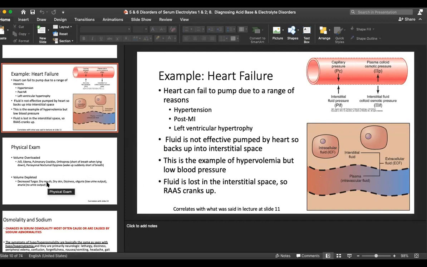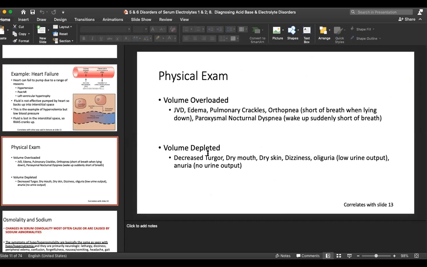So since the fluid's lost from circulation, our RAAS is going to increase because it's saying, hey, there's something going on, we need to get this to work out, and it's constantly going through a cycle. So volume overload, we've got JVD, edema, pulmonary crackles, orthopnea, which is the shortness of breath when lying down.